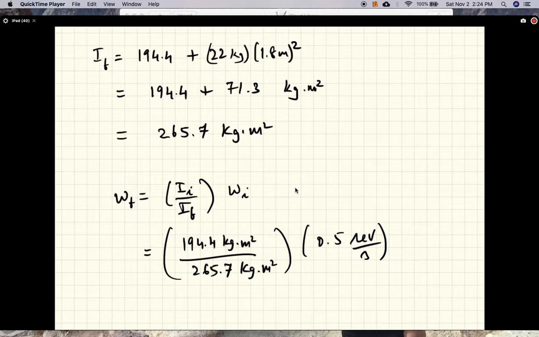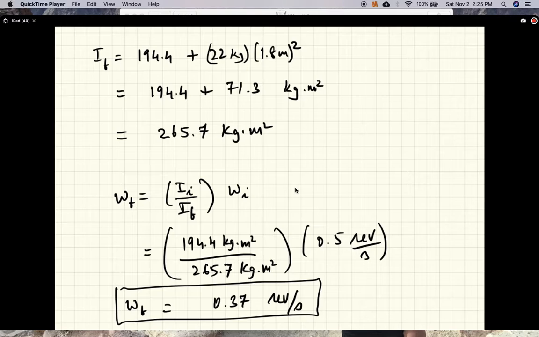Alright, so this works out to 0.37 revolutions per second. So that's the final angular velocity. Alright, let's finish this problem.